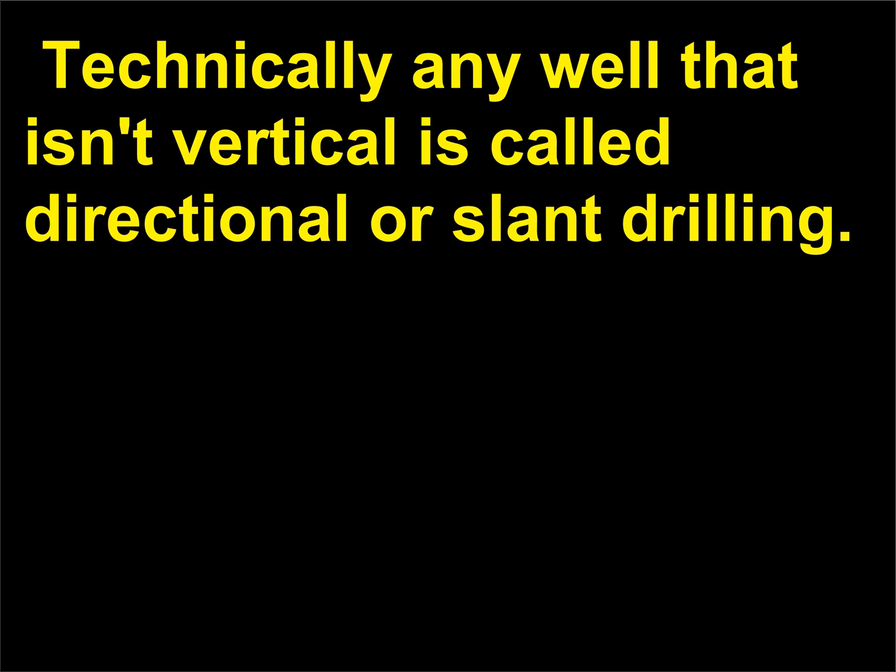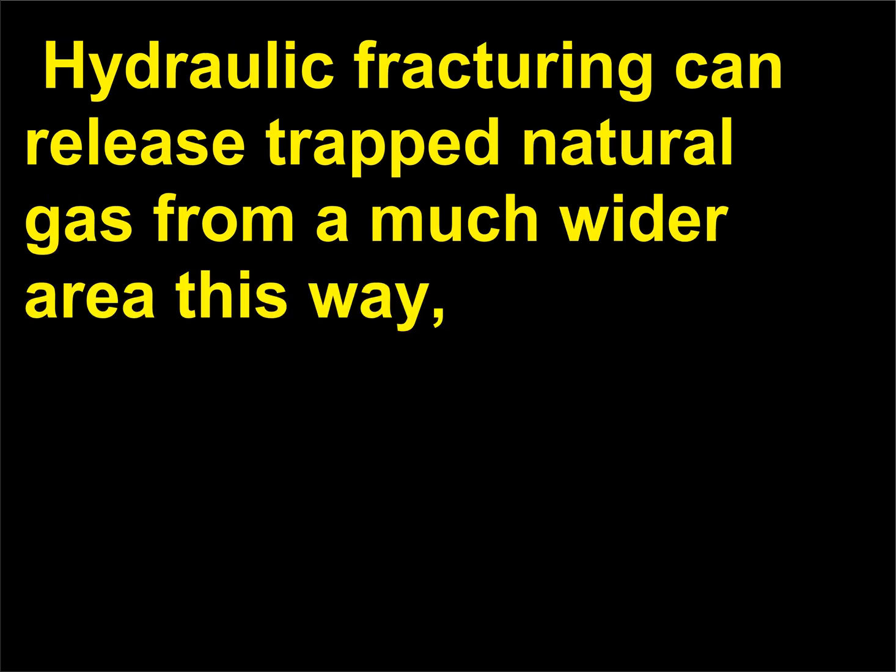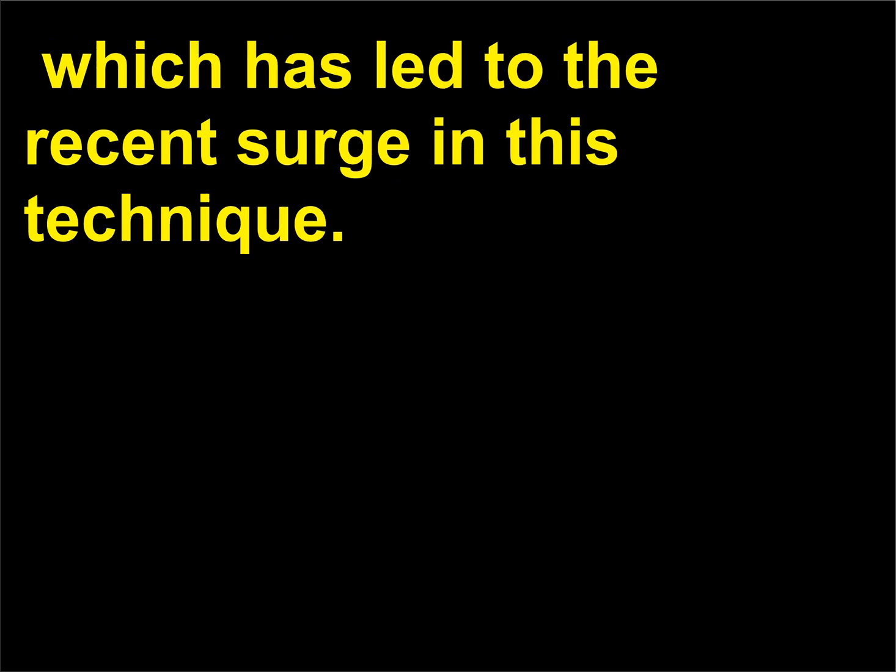Technically, any well that isn't vertical is called directional or slant drilling. Hydraulic fracturing can release trapped natural gas from a much wider area this way, which has led to the recent surge in this technique.